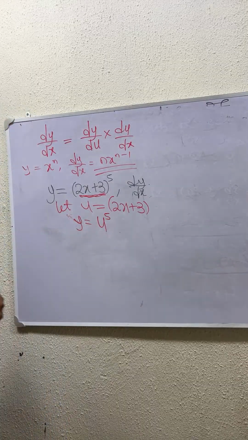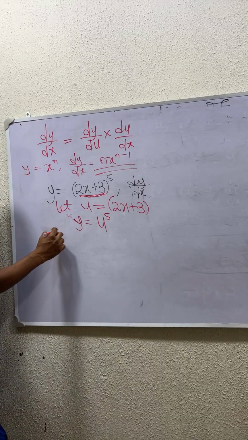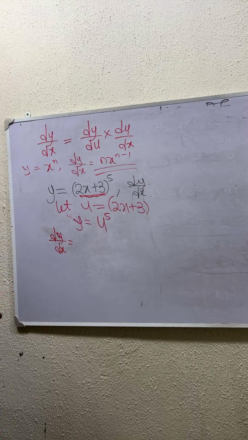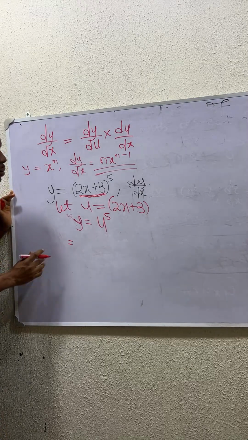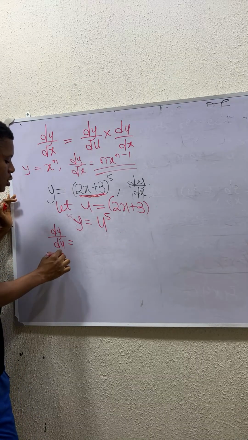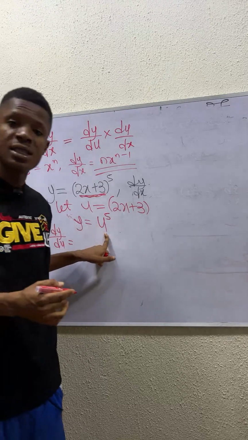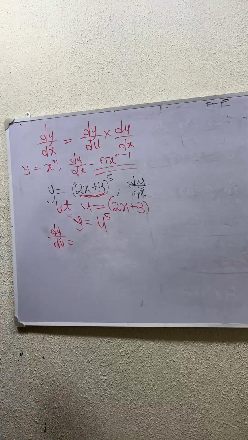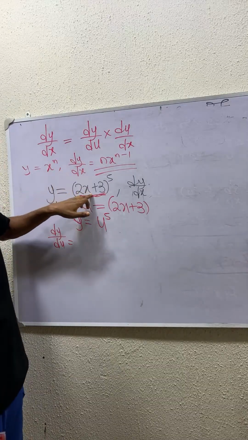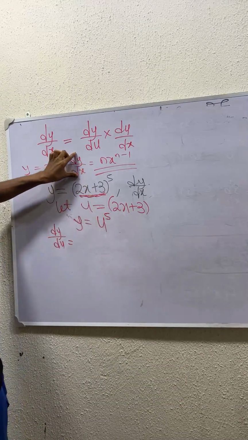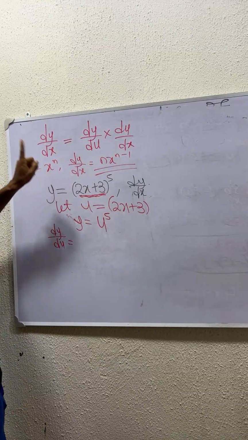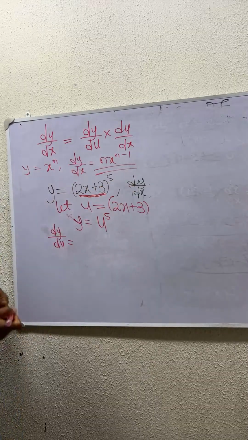Applying the chain rule formula, dy/dx will be equal to... let's differentiate each term. We differentiate y with respect to u. Remember, when you differentiate a function like this with respect to x, you multiply by the power and subtract 1 from the power.